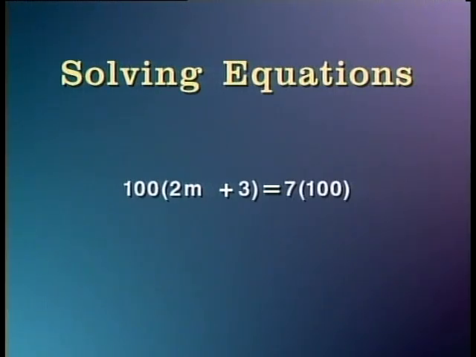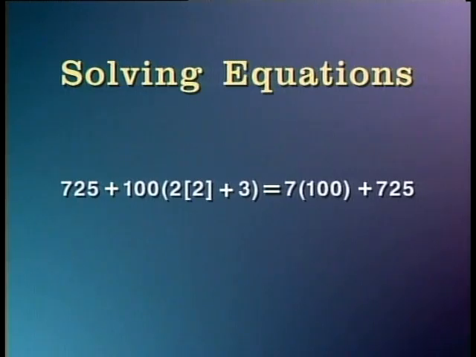Now, in addition to multiplying by 100, let's try adding 725 to both sides. You can see that our humble equation is looking more complex. Once again, however, adding something to both sides doesn't change the value of m that makes the equation true.